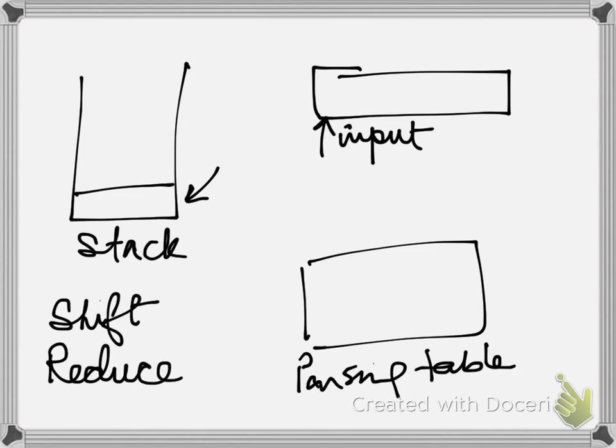So the parsing algorithm will look at the element at the top of the stack and the element at the beginning of the input symbol, then look up the entry in the parsing table and decide whether to shift or to reduce. We'll see the parsing algorithm in detail later.